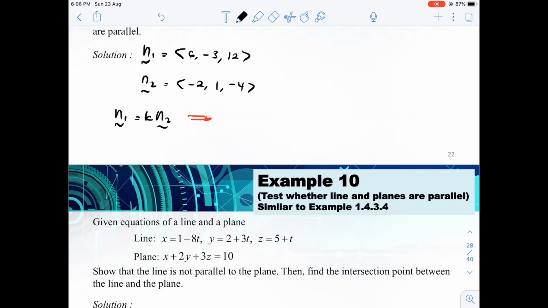Now, 1 times 3, negative 3, we get negative 3. Negative 4 times negative 3, we get 12. So yes, we can say that n1 is equivalent to negative 3 times n2. Since we can find the value of k, which is negative 3 in this case, both planes are parallel.